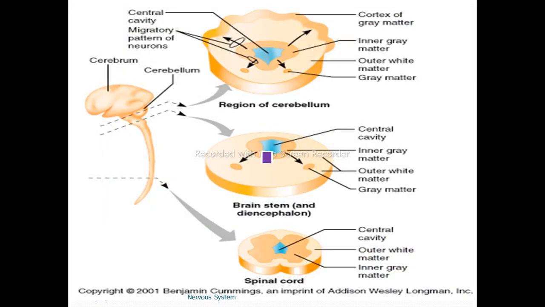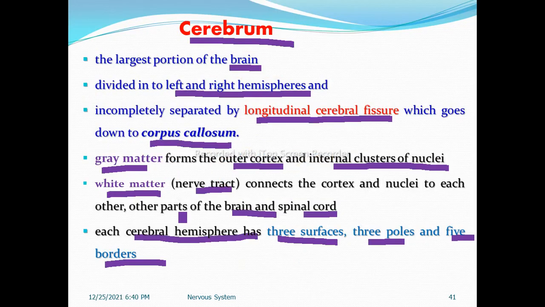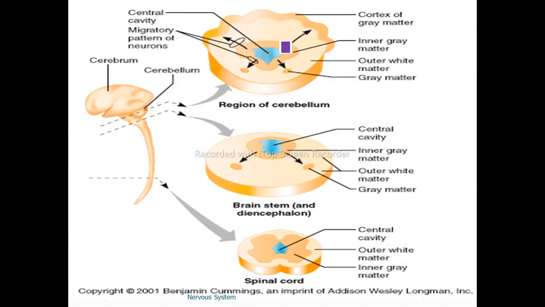Before that, to give some hint about the gray matter and white matter, this is sectioned at the cerebellum, with some parts of the pons. This is sectioned at the medulla oblongata, and this is the spinal cord. This is the diencephalon part, the brainstem.